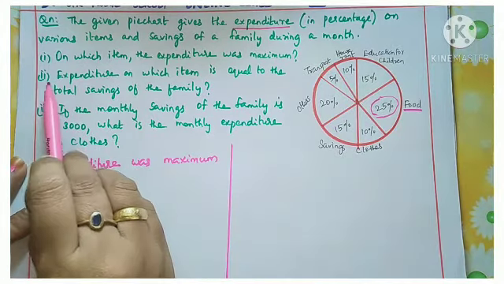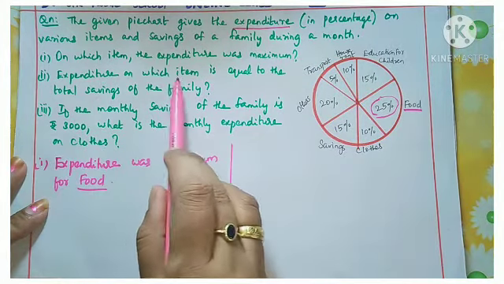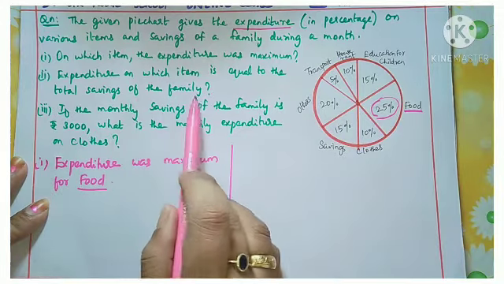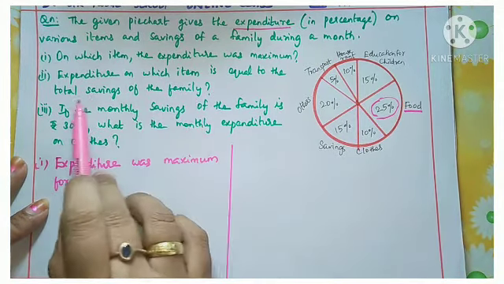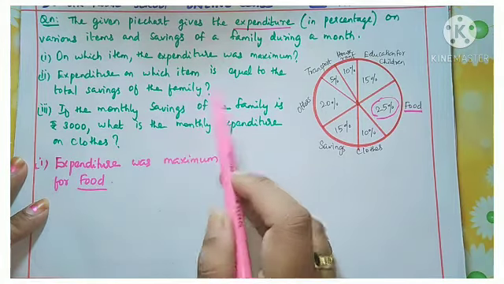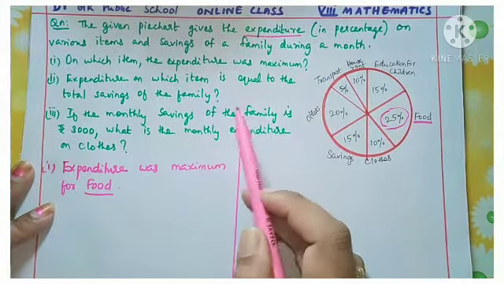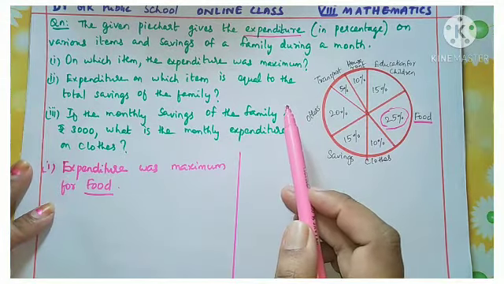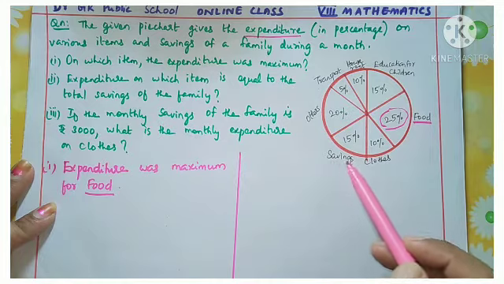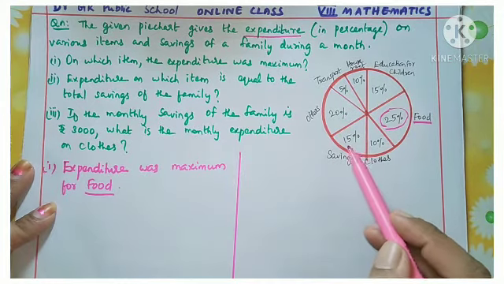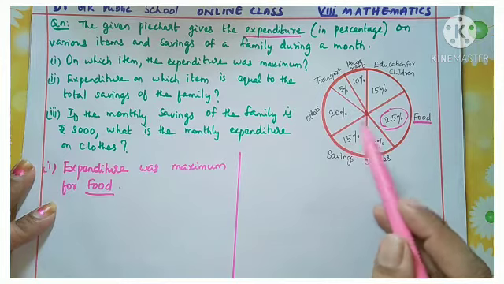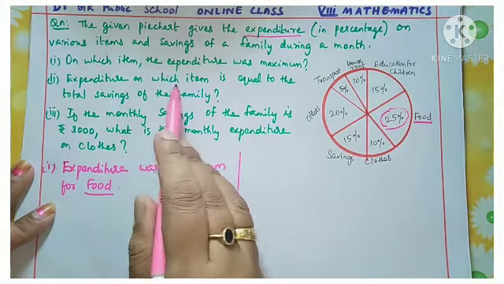Now second answer, expenditure on which item is equal to the total savings of the family. That is, total savings and the expenditure of one item are equal. So what is that item? So you come to the pie chart again. So see savings. Total savings is how many? 15%. So this savings is equal to expenditure on which item?